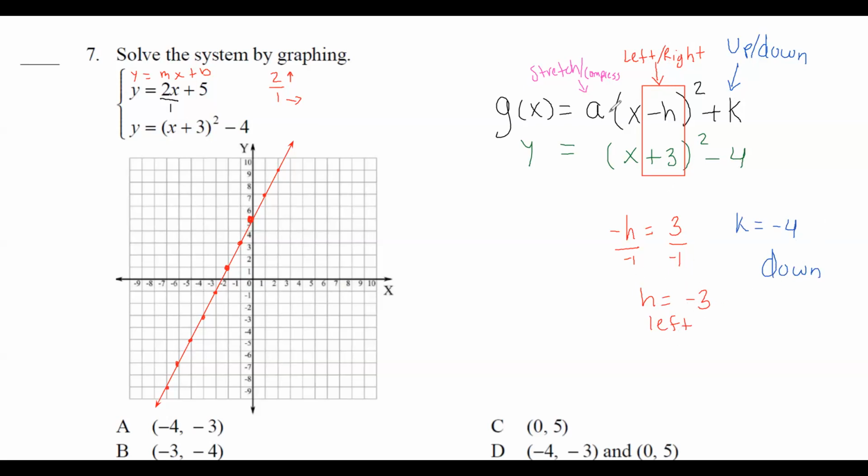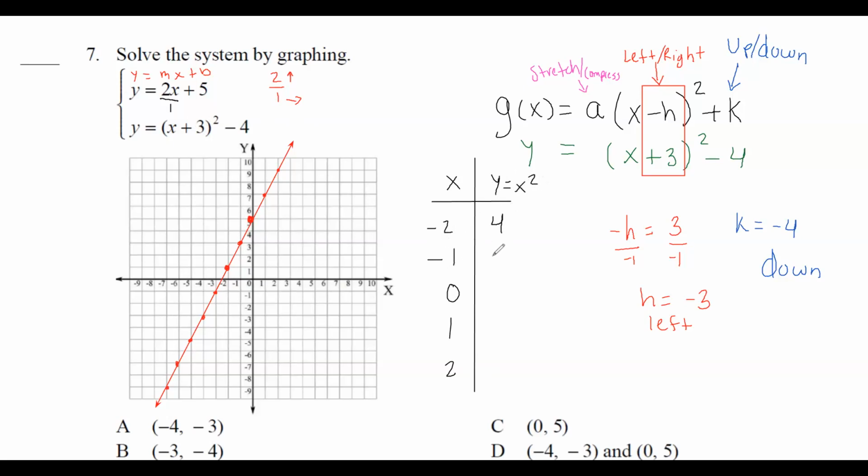Okay, now let's construct the points for our parent function. Do you guys remember the domain that we used? Negative 2, negative 1, 0, 1, and 2. Here's my X, here's my Y value. What's my parent function? X squared, so my Y is X squared. Negative 2 to the power 2 is 4.